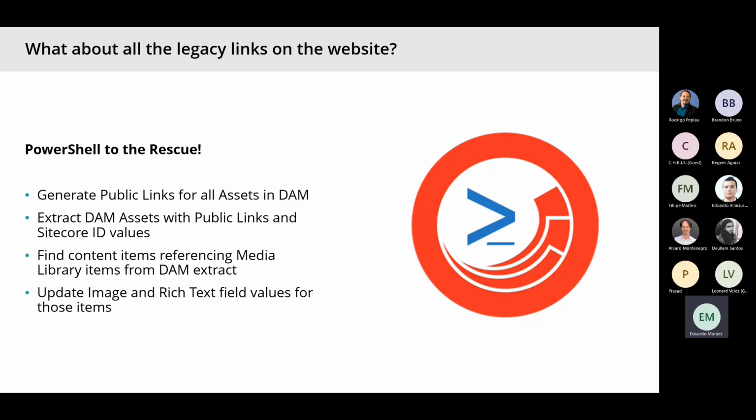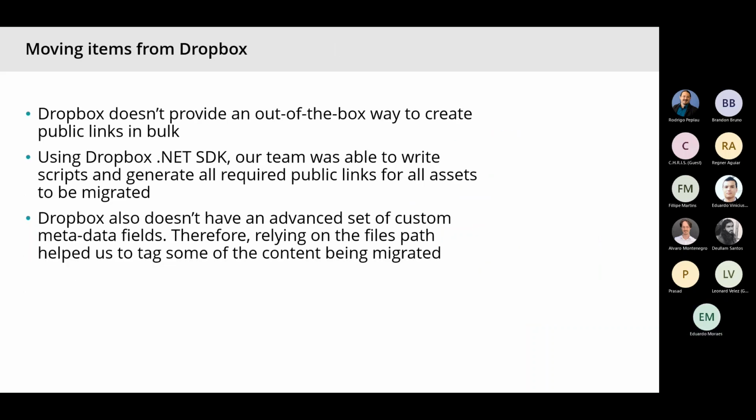Now they need to be pointing to Content Hub. So once again, you can leverage PowerShell to do that, and once you run those scripts, using your generated Excel file, it is going to find all the links pointing to Media Library and update them to make them point to Content Hub.